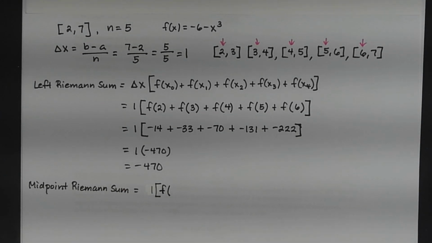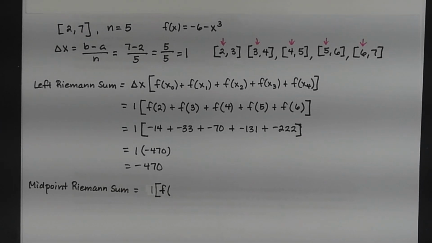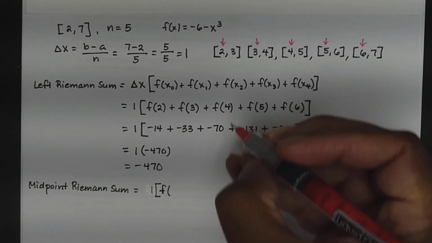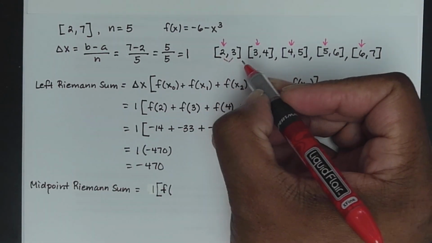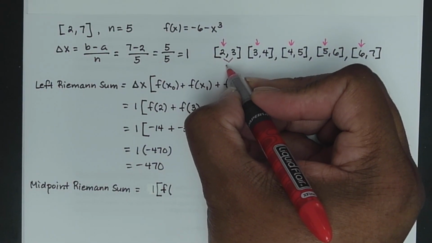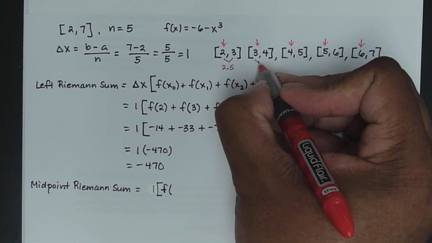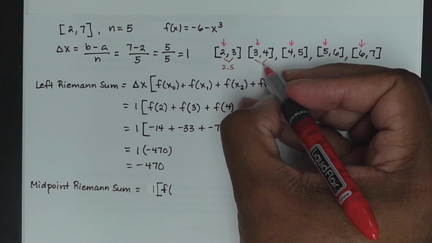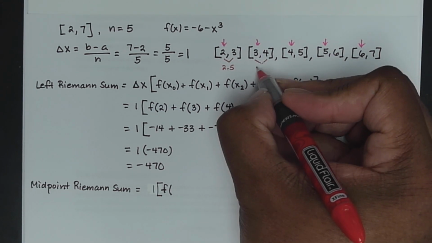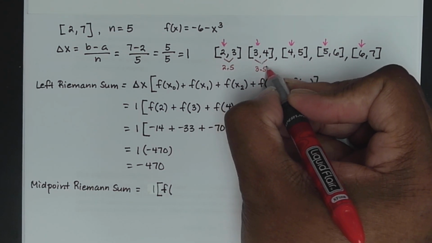So like in this case here, for 2 and 3, if I add 2 and 3 together, I'm going to get 5. 5 divided by 2, that's 2.5. For 3 to 4, 3 plus 4 is 7 divided by 2, that's 3.5.